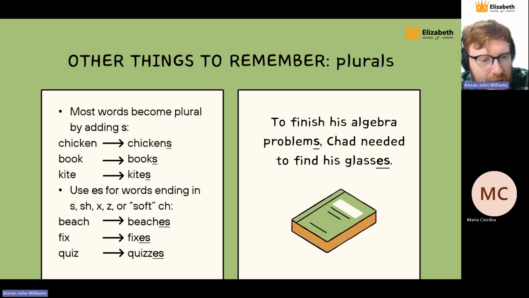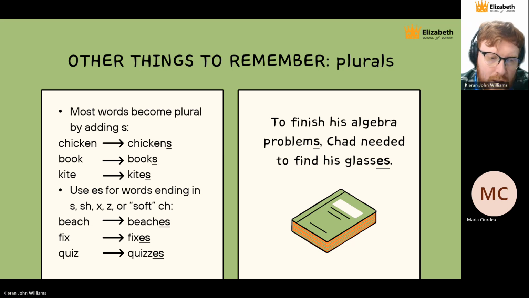In some situations we use ES when the end of the word has an S, an SH, the letter X, the letter Z, or a ch sound. So if your word has an S or an SH or an X, a Z, or a ch at the end, you will need to add ES for a plural.